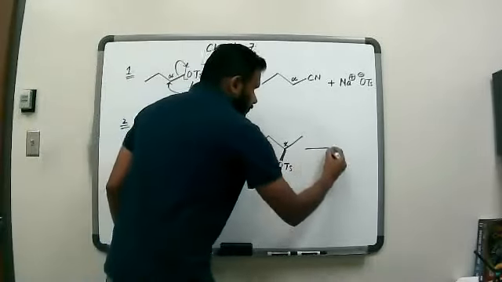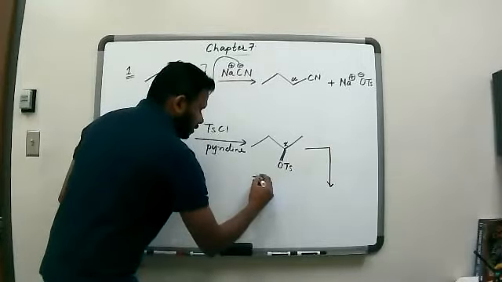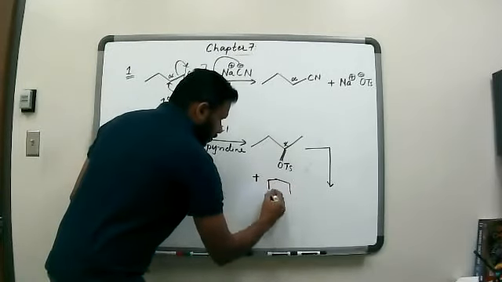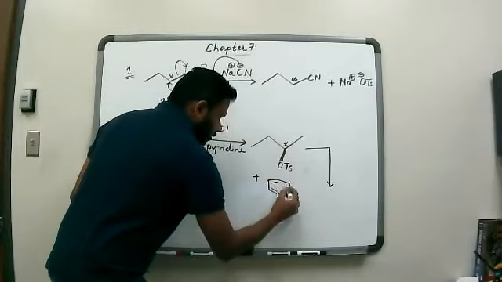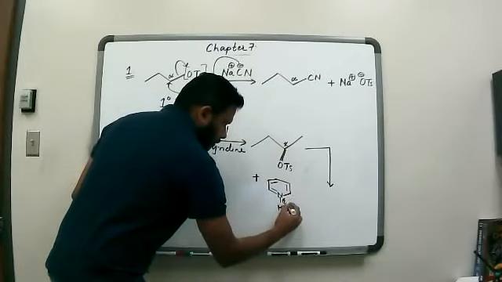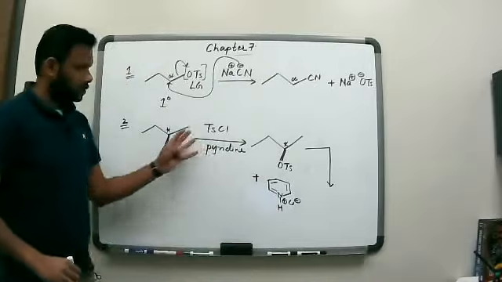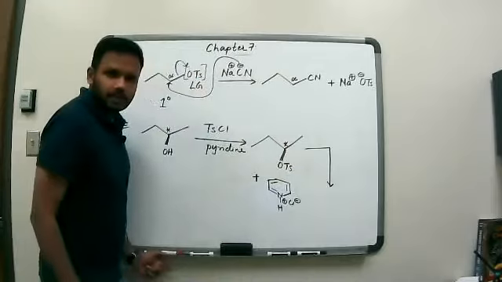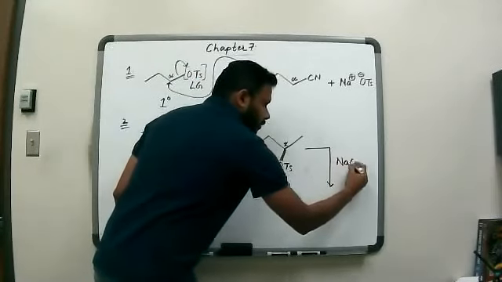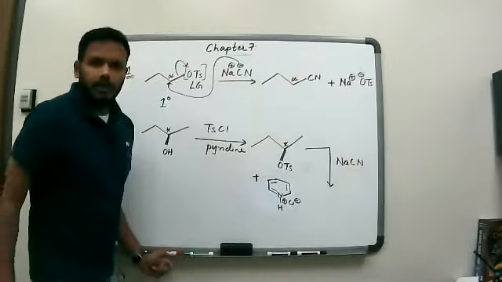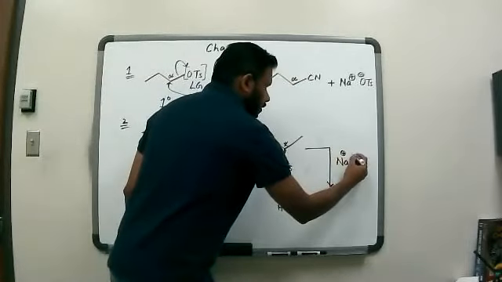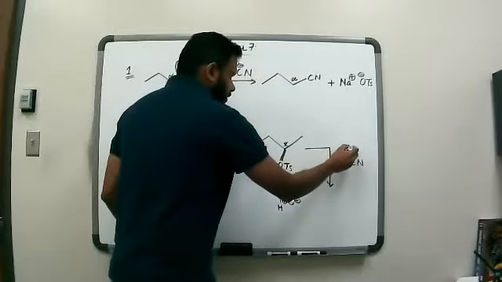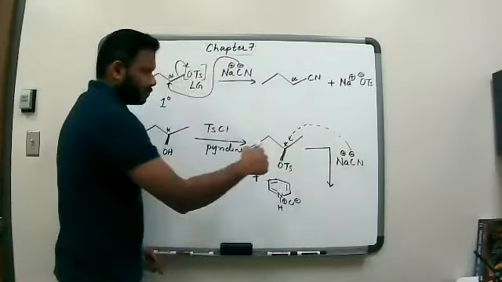Now, if you take this tosyl ester, remember as a side product, you're always going to make pyridinium chloride. So that's our side product from this first reaction. Now, if I take this tosyl ester and react it with sodium cyanide, again the same reagent, sodium cyanide is a good nucleophile, so it's going to do an SN2. In this particular case, it's a backside attack.